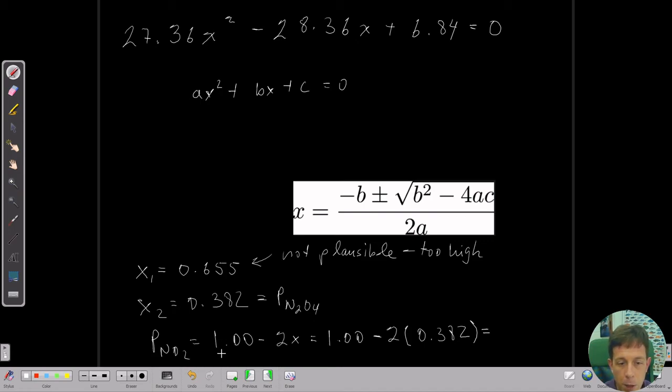So we then have the partial pressure of NO2 is 1 minus 2x. Plug that x in that we just calculated, so 1 minus 2 times 0.382, and we end up with 0.236 bars of NO2. So now we know the final concentrations for all these.